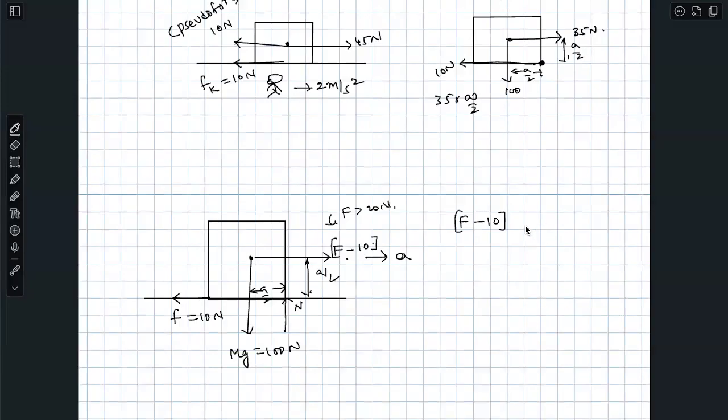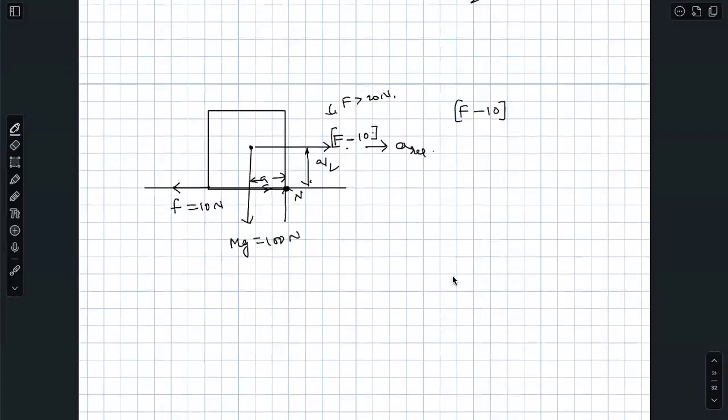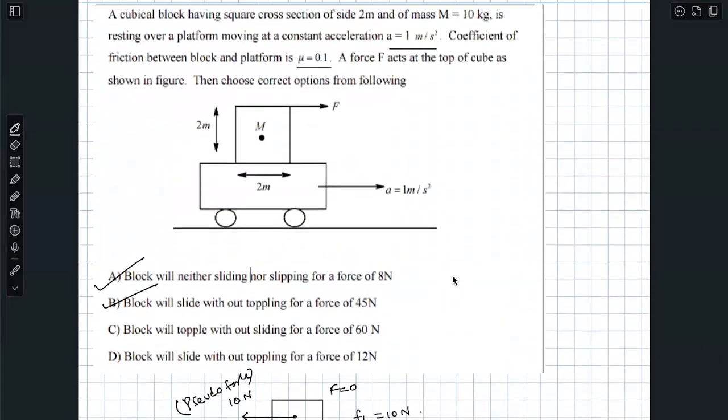F minus 10 times. What if it is moving A relative? A relative. One minute. That is a 2 meters.